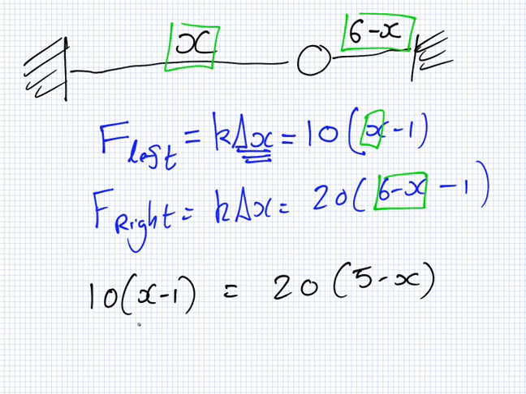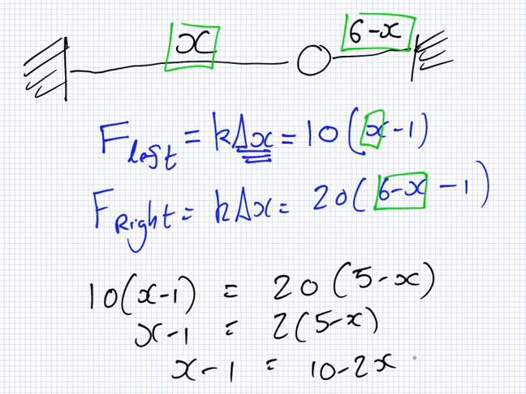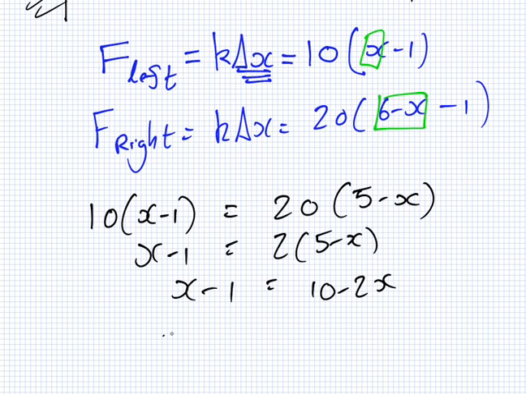So you get x minus 1 equals 2 times 5 minus x. So I get x minus 1 equals 10 minus 2x. So I get 3x equals 11.